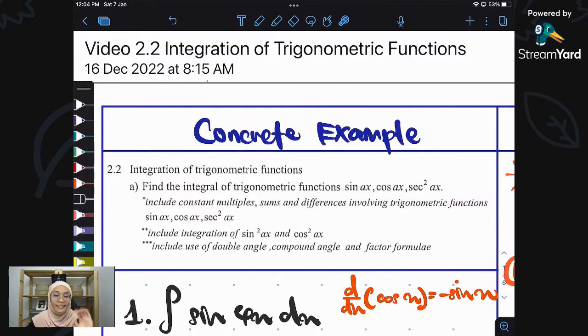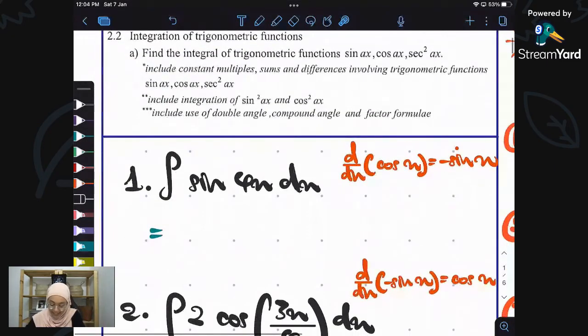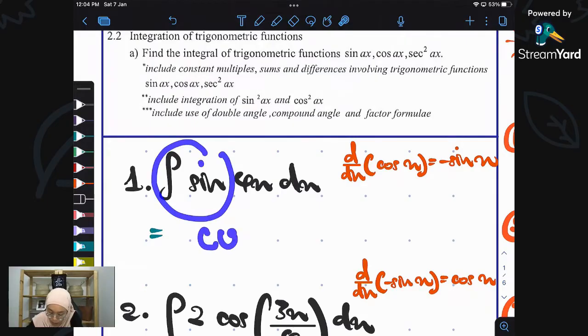Let's go to the first example, which is sine 4x. Integrate sine 4x with respect to x. Let me begin with the concrete example and the concrete answers. When we integrate sine, the answer is always negative cos, with whatever linear is there as well.